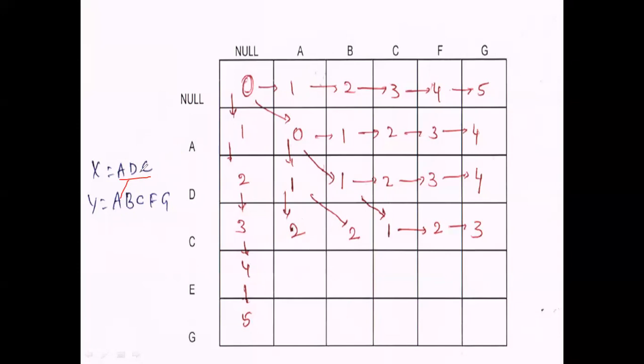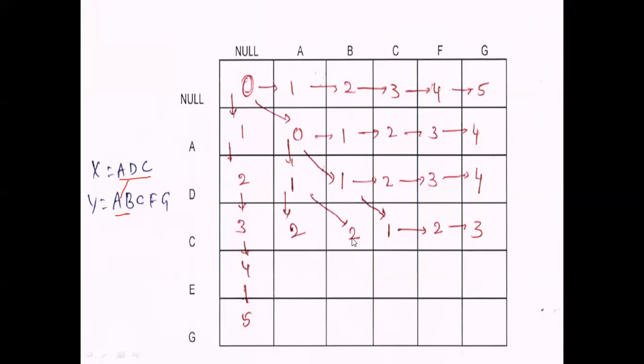Next one, ADC converted into AB, the number of deleting operations is 2.